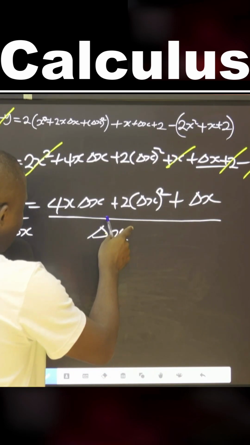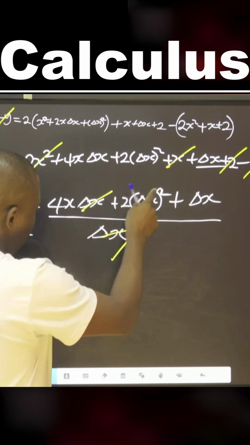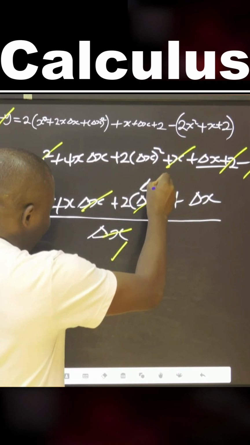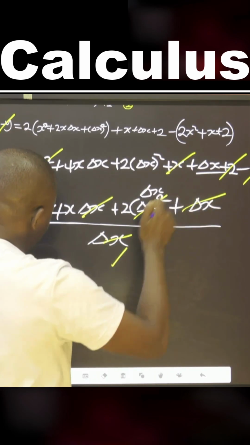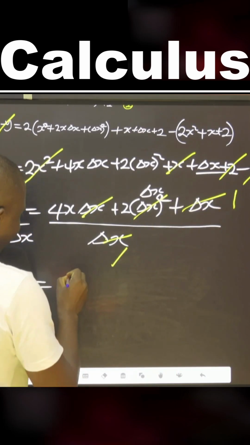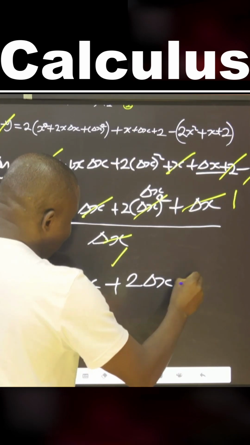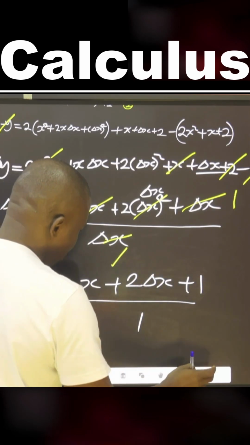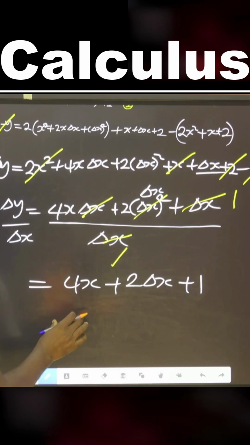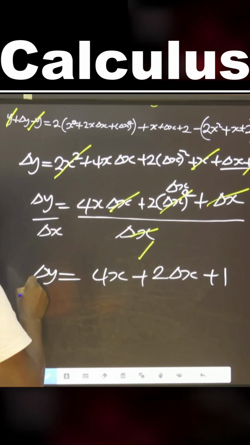So here is 1, this one will go, one of this will remain because there are 2. This one will go, becomes 1. So we have 4s now plus 2 delta s plus 1 over 1. So no need to put the over 1. That is this now over this.